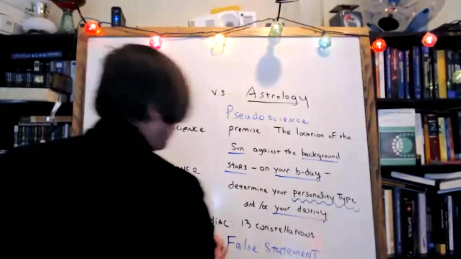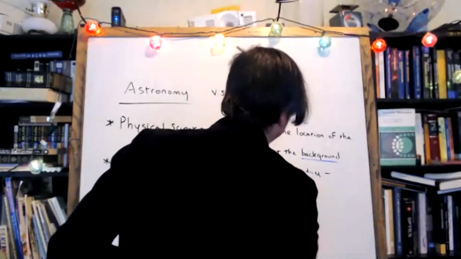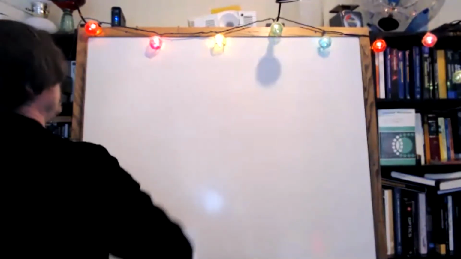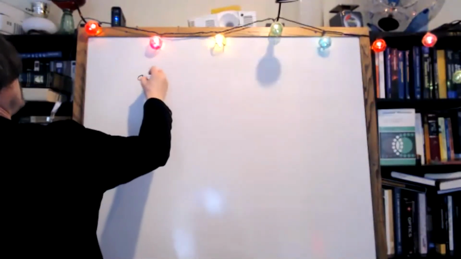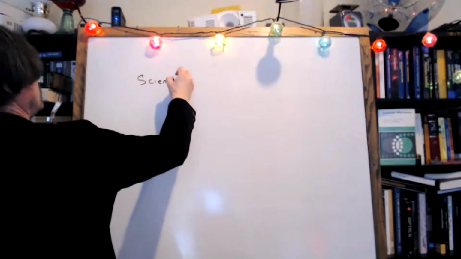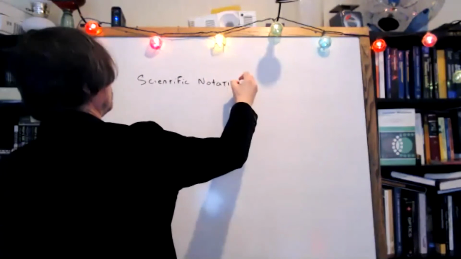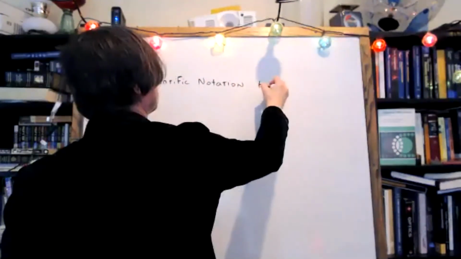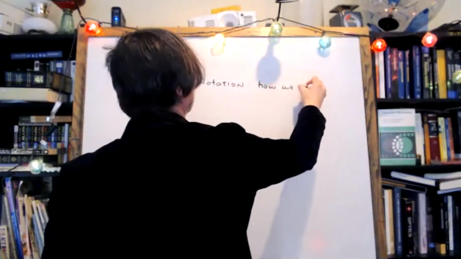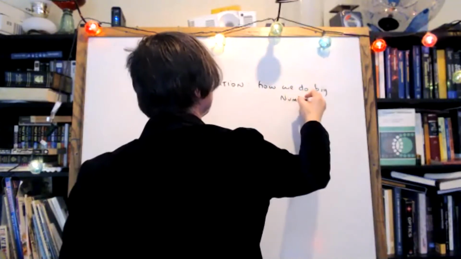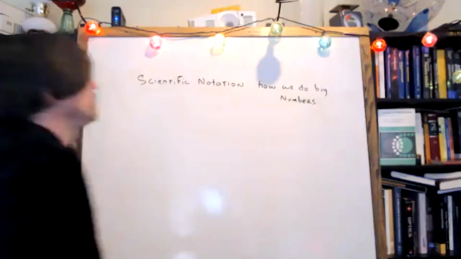So let's do a quick little lesson here, and then we'll end class for the day. Okay. So lesson 1 is scientific notation. In our class, that's how we do big numbers.